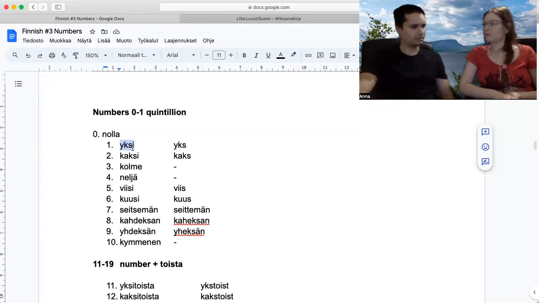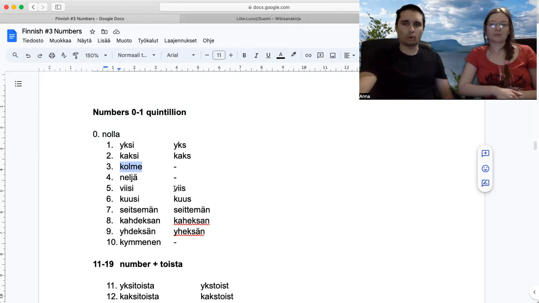Yksi or yks. 2, kaksi or kaks. You can already see we tend to omit the last i.